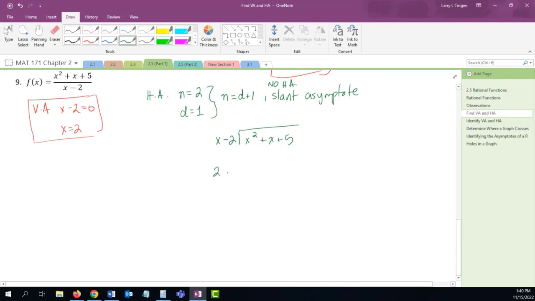So x minus 2 is interesting when x is 2. Coefficients are 1, 1, and 5. Bring the 1 down, multiply by 2. 2 times 1 is 2. Add. 1 plus 2 is 3. 3 times 2 is 6. And 6 plus 5 is 11.